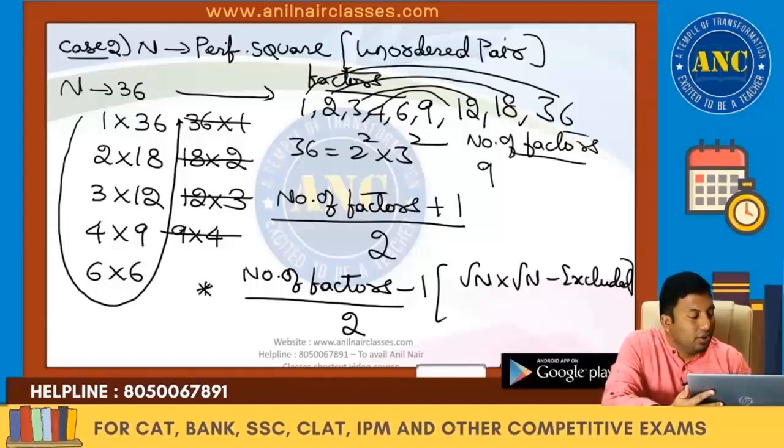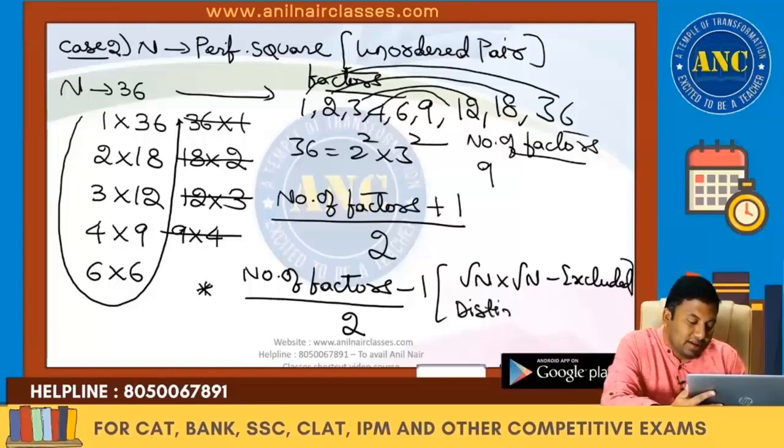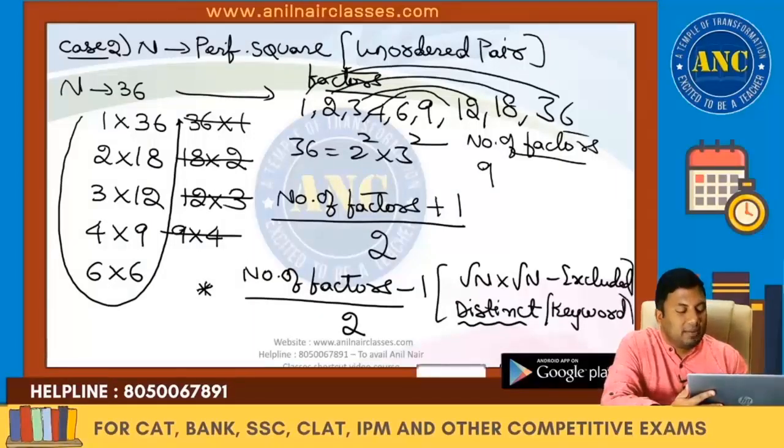When will we exclude it? 4 and 9 are distinct, 3 and 12 are distinct, 2 and 18 are distinct, 1 and 36 are distinct, but 6 and 6 is not distinct. If the keyword distinct is there, the answer is number of factors minus 1 by 2.